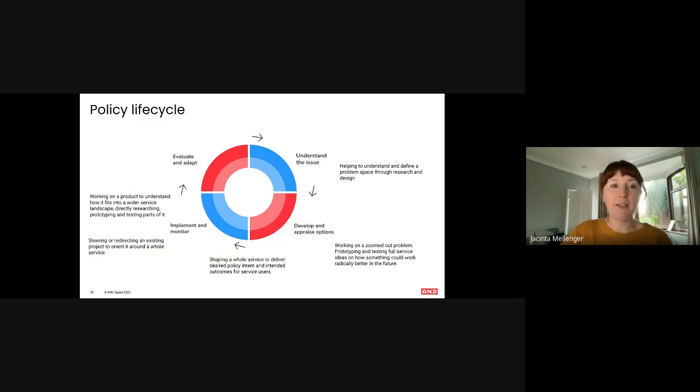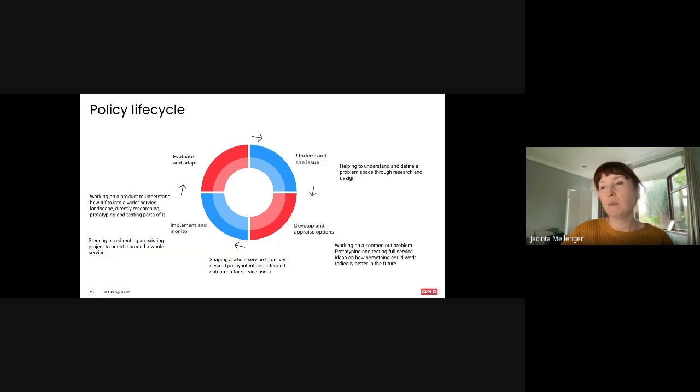And then we went on to discuss the types of scenarios that you might encounter when working with policy and ways that you might be able to help at different points in the policy cycle. When policymakers are trying to understand the issue, we might be helping to understand and define a problem space there through research and design.